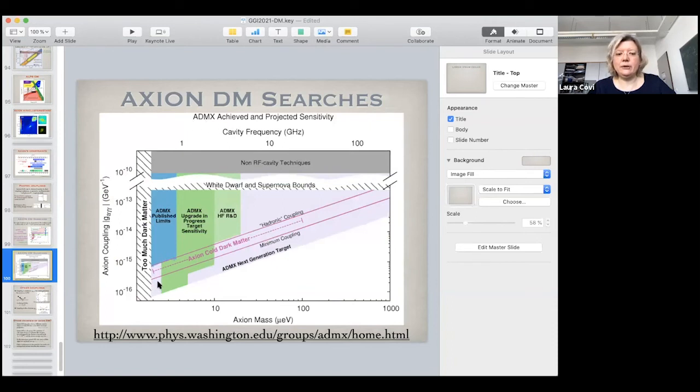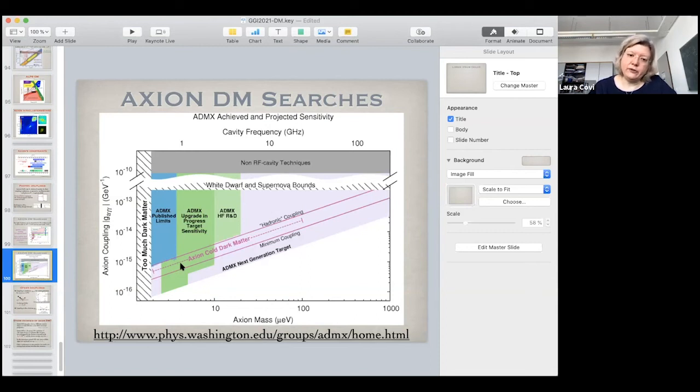And here I show a plot of some time ago because it's also still a little bit clearer than the present plots. This is a really long-term experiment. So the experiment is only now, in some sense, touching this region where you have the cold dark matter. And note that the problem, of course, of this type of experiment is that you have to match the mass of the axion with the resonance frequency of the cavity.